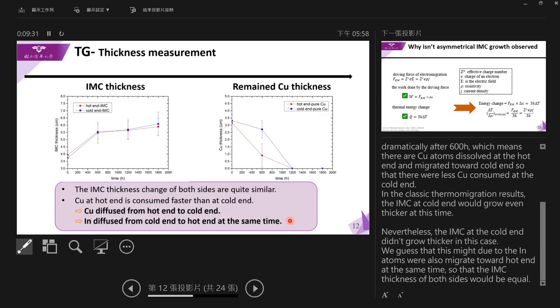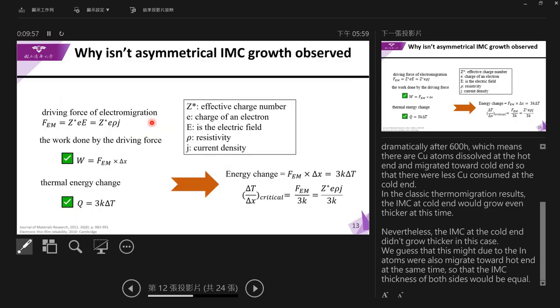In classical thermal migration results, the IMC at the cold end at this time would grow even thicker. Nevertheless, the IMC at the cold end did not grow thicker in this case. We guess this is because the indium atoms also migrated toward the hot end at the same time, so the IMC thickness of both sides will be equal.